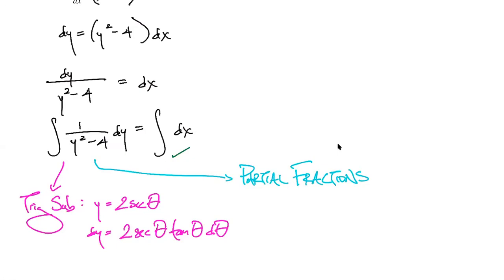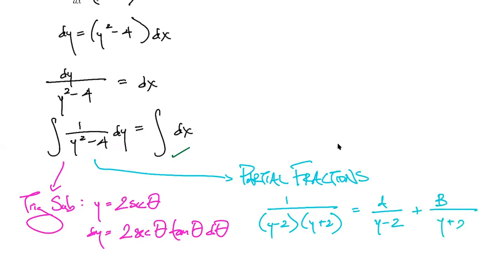We could find 1 over y minus 2 times y plus 2 is going to equal a over one of those denominators plus b over y plus 2, and then you could solve for a and solve for b. I think this one is actually pretty straightforward to solve for, so it's really up to you whether you want to use the trig sub or the partial fractions, okay? But again, we're not going to finish this problem per se.